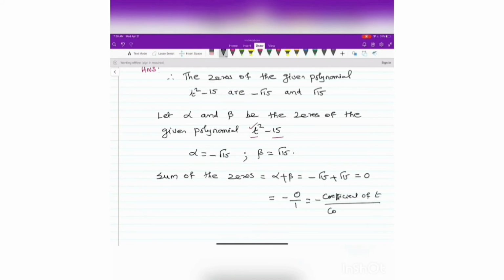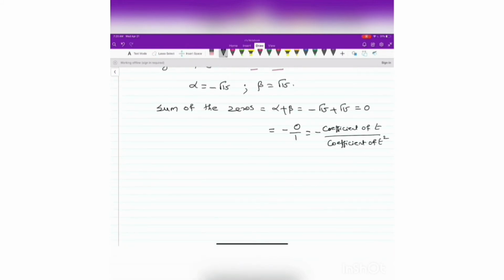So, coefficient of t square. Okay. So you have verified the sum of the zeros is equal to alpha plus beta is equal to minus coefficient of t by coefficient of t square, which is nothing but minus b by a. That is what you got here. So let us write here.